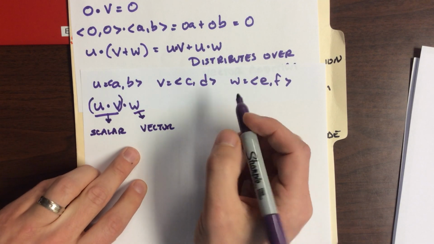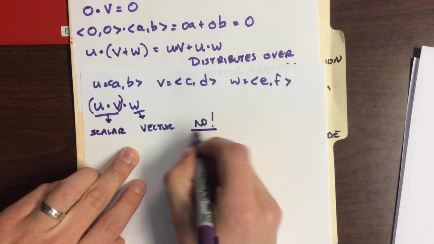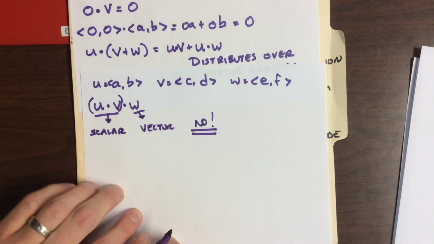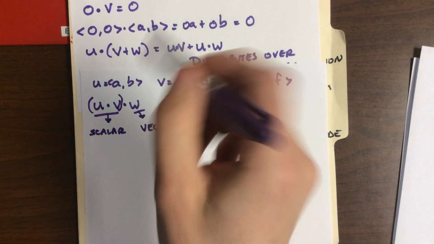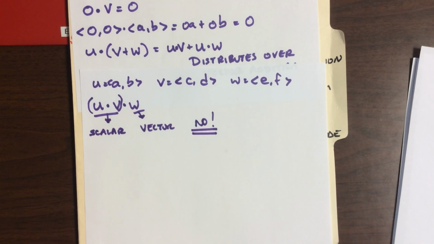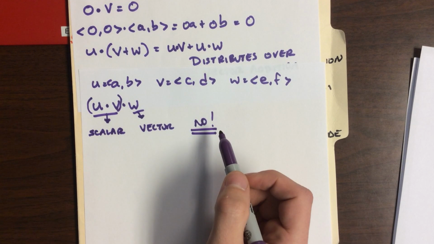So would it be ACE plus TDF? No, it doesn't work. You cannot dot a scalar with a vector. You cannot cross a scalar with a vector in terms of the other product.